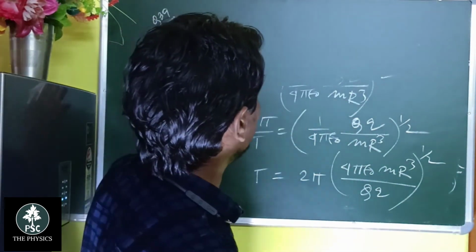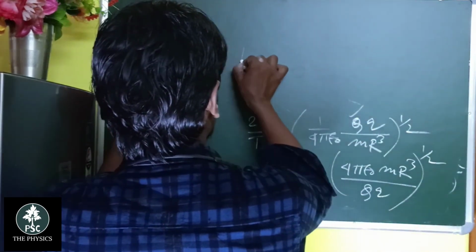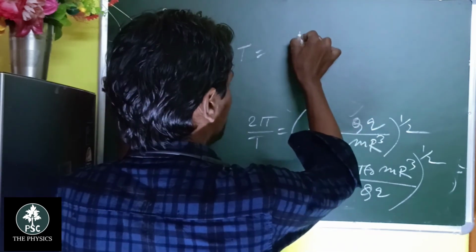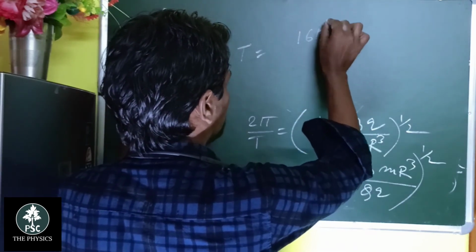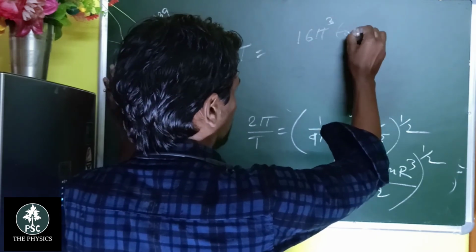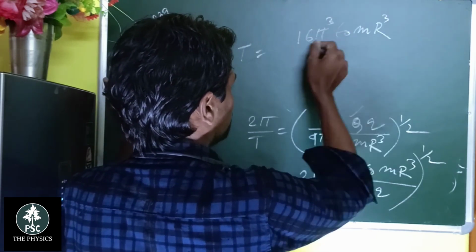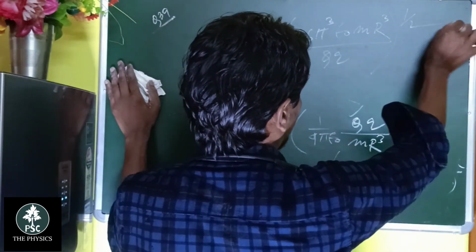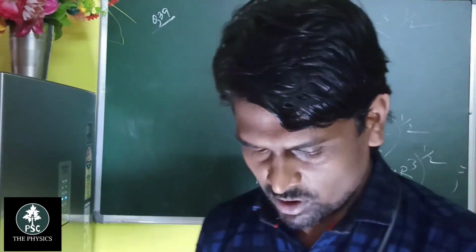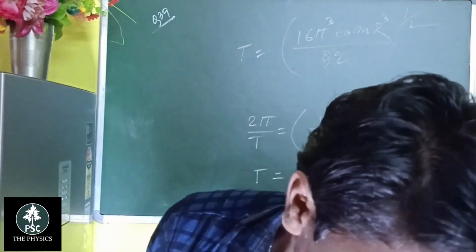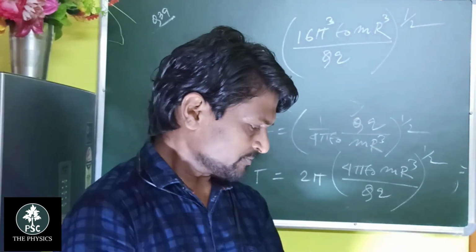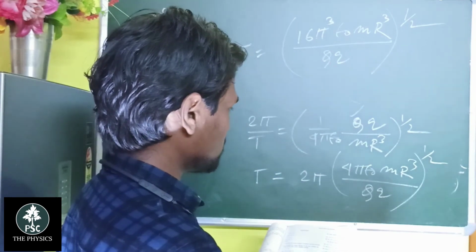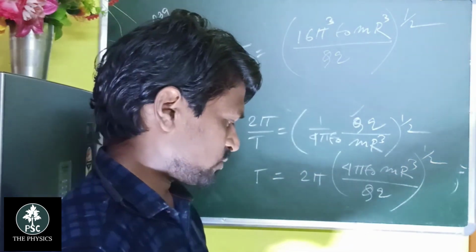So you can write T equal to (16 pi cube epsilon naught m r cube by capital Q small q) whole to the power of half. You can check this against the answer of question 39.